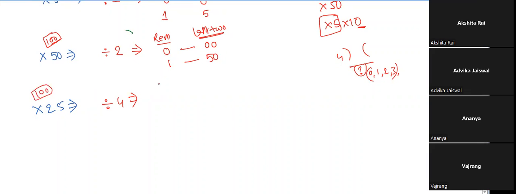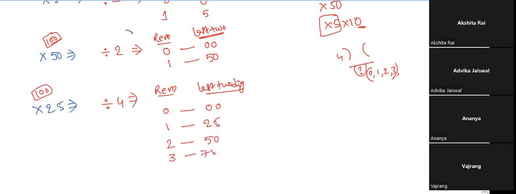Based on the remainder, if the remainder is 0, the last 2 digits will be 0 0. If the remainder is 1, the last 2 digits will be 2 5. If the remainder is 2, they will be 5 0. If the remainder is 3, they will be 7 5.